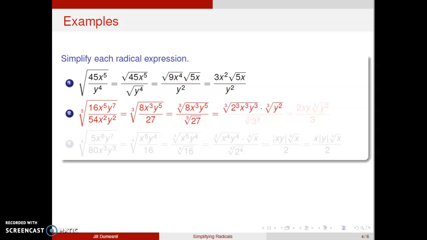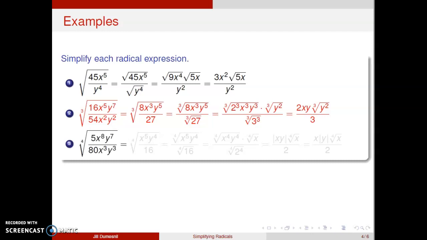To simplify the numerator, we use the product rule for radicals and factor out perfect cubes. The denominator is the cube root of 27, and 27 is 3 cubed. Finally, we get 2xy times the cube root of y squared over 3 as our final simplified answer.